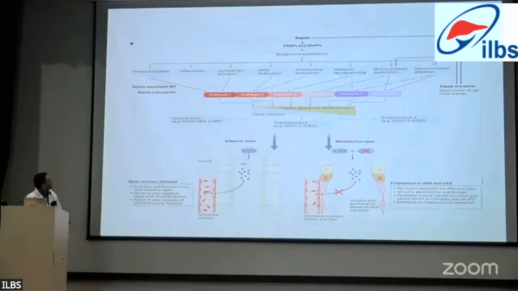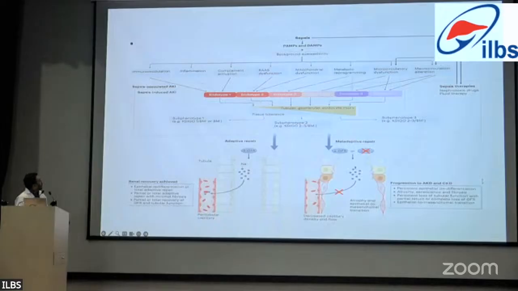In sepsis, we have inflammatory molecules, which cause immunomodulation and inflammation, along with activation of the complement system, which leads to the release of various types of endotoxins, which ultimately lead to structural damage and also to vasodilation in the renal disturbance, which further leads to a decrease in GFR with decreased tubular activity.